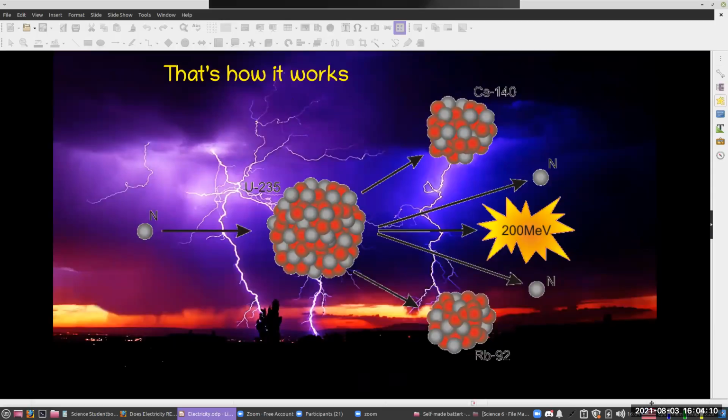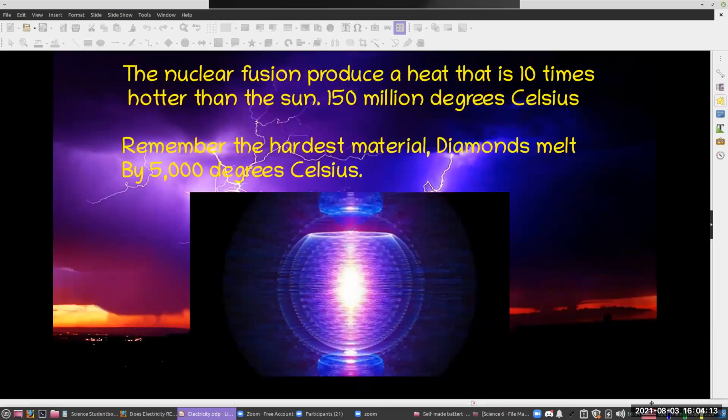We learn about electricity. So through nuclear fusion we produce heat that is 10 times hotter than the sun. So we have here, as an example, 150 million degrees. You must imagine in the nuclear plant, the heat that the uranium produces is 10 times hotter than our sun.